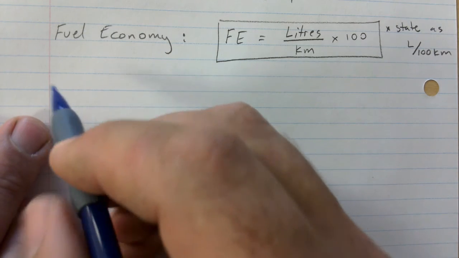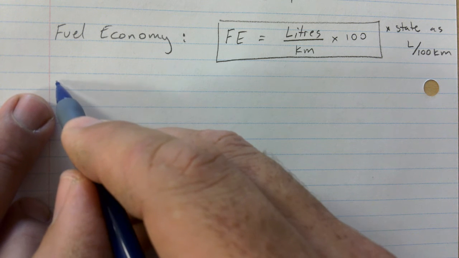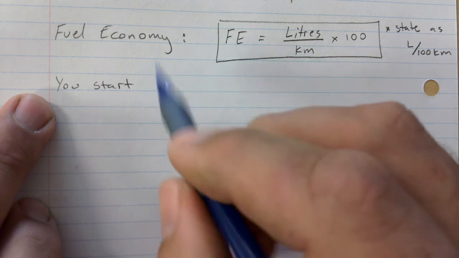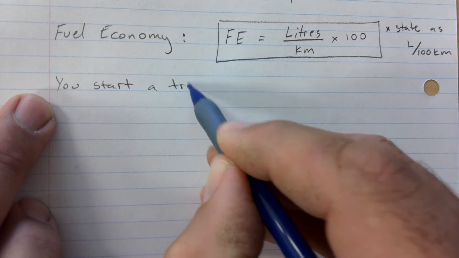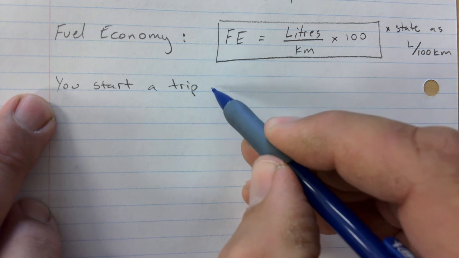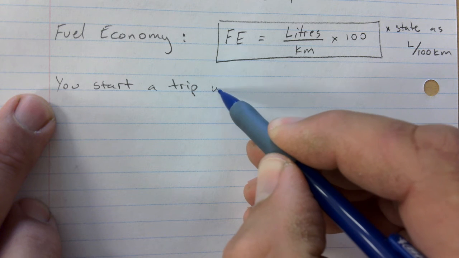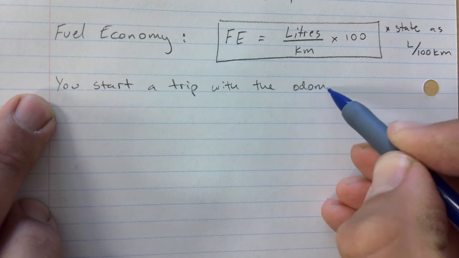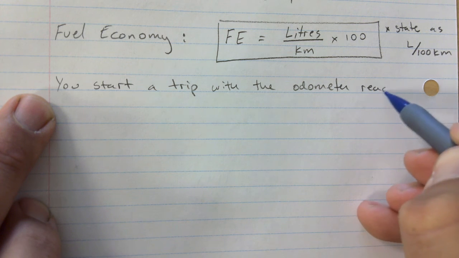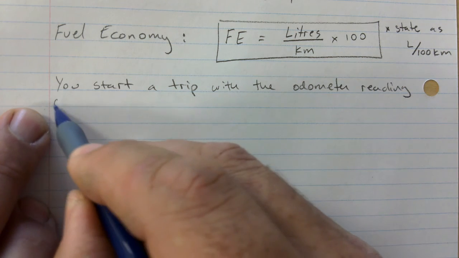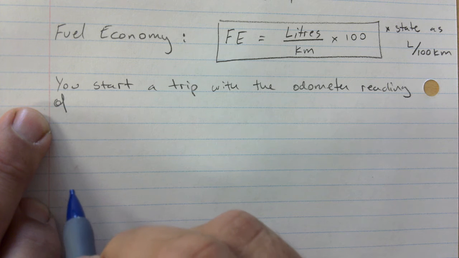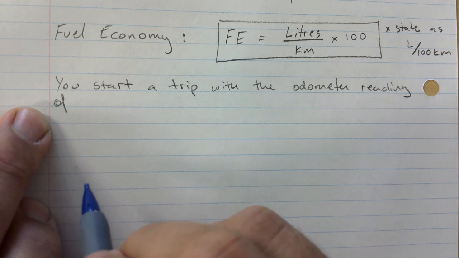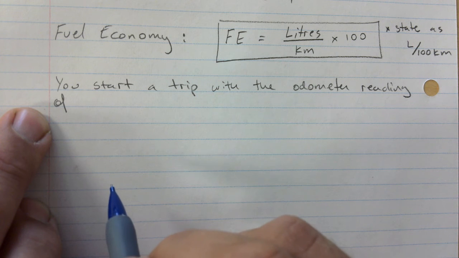All right. So let's do a word problem here. You start a trip with the odometer reading of, I'm talking as I'm writing because I've had students tell me that it helps them.